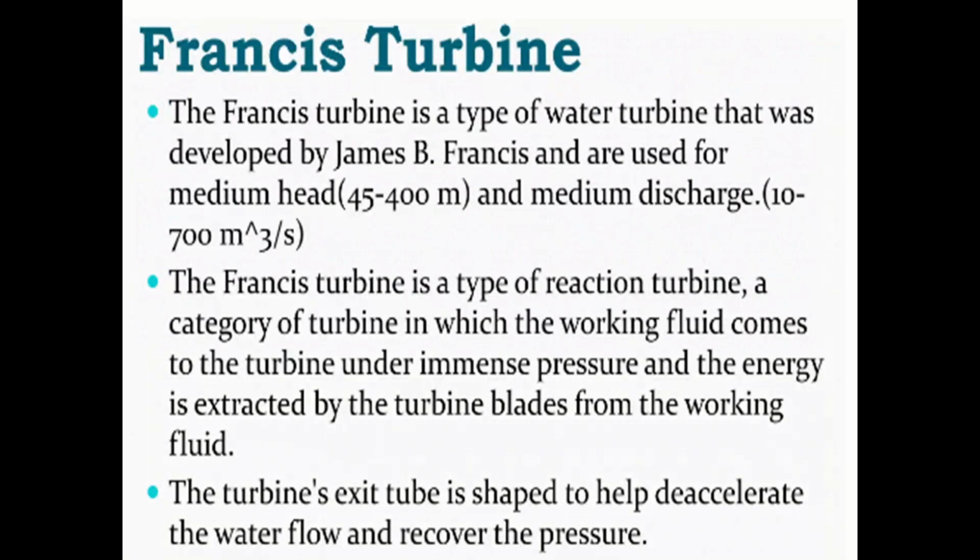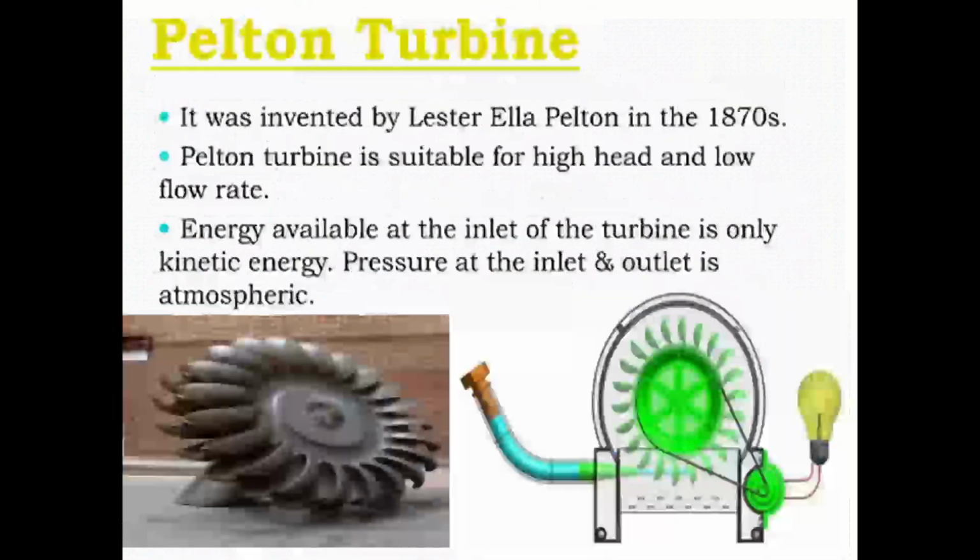So first let us go through what a Francis turbine is. The Francis turbine is a type of water turbine that was developed by James B. Francis, and it is used for medium head and medium discharge. Students, all of you should remember this. I told you already, the impulse turbine example is the Pelton wheel and it is suitable for high head and low flow rate.